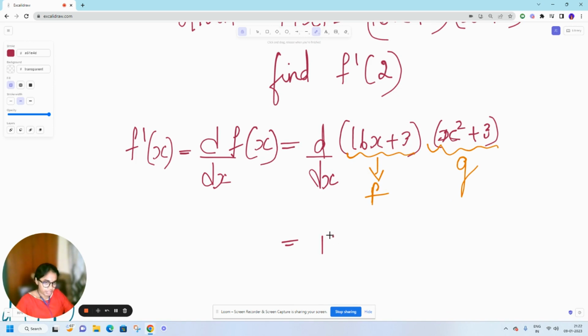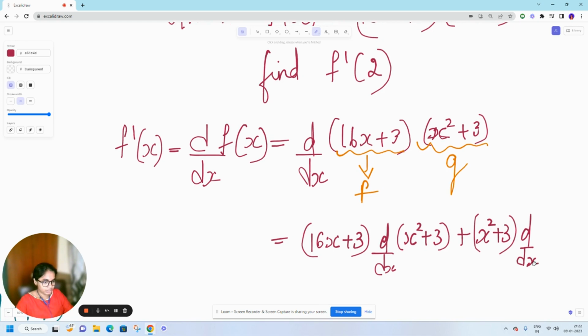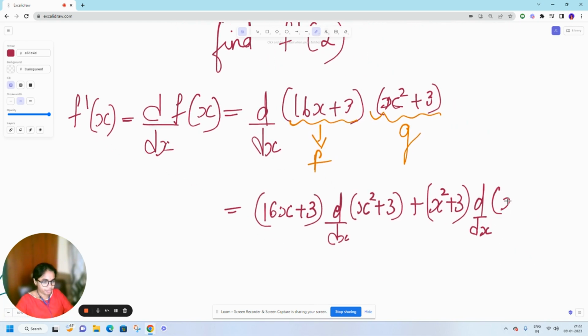Keep f as it is, 16x plus 3 into d by dx of x square plus 3, plus write x square plus 3 as it is. Find the derivative of 16x plus 3.